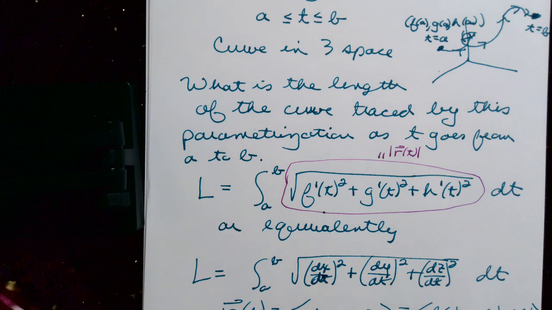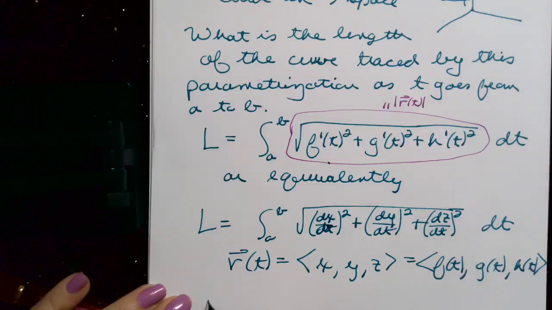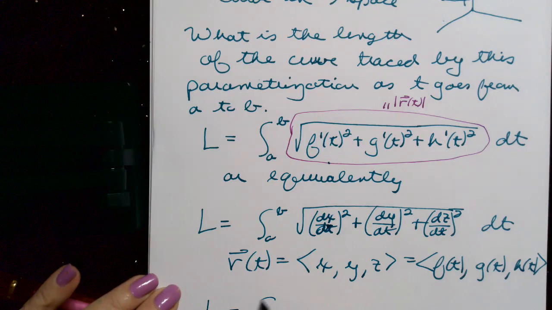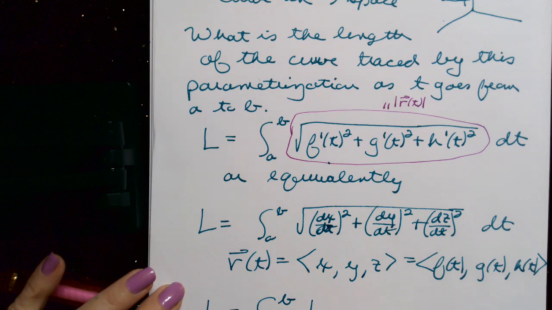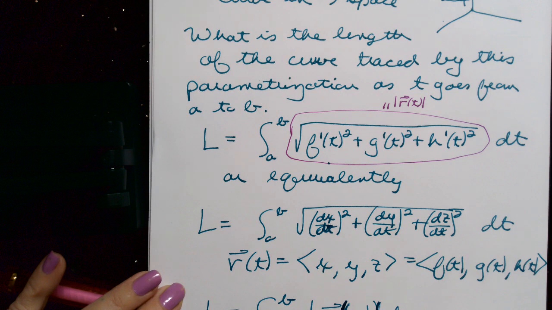So another way to write the arc length, a third way to represent it, is the integral from a to b of the length of r prime of t dt.